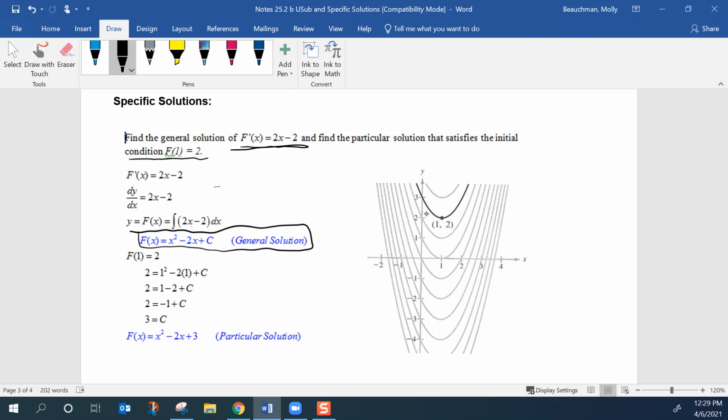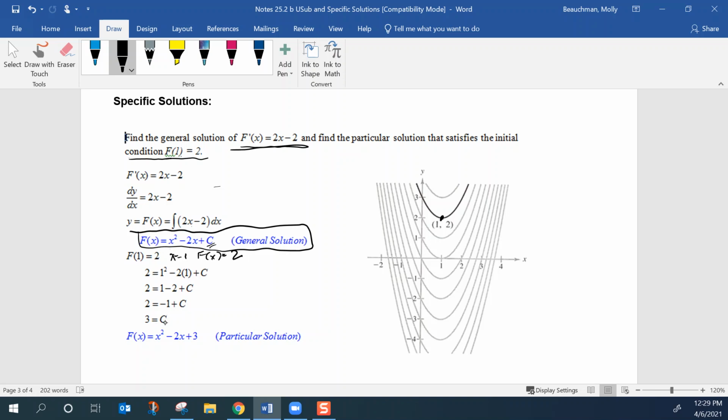So if we're given the initial condition, that means we're given f of 1 equals 2. That means we're given a coordinate on the graph. To find c, the particular solution, substitute x equals 1 and substitute f of x is equal to 2. So we get 2 is equal to 1 squared minus 2 times 1 plus c, and solve for c.